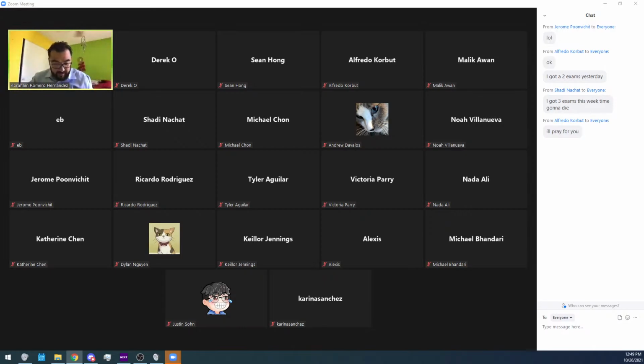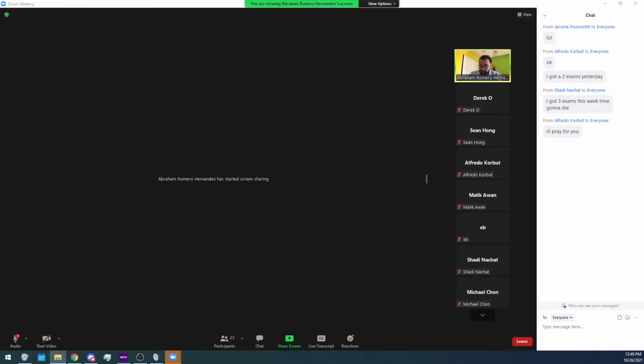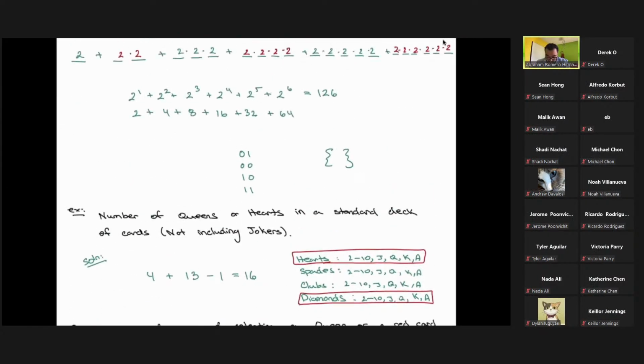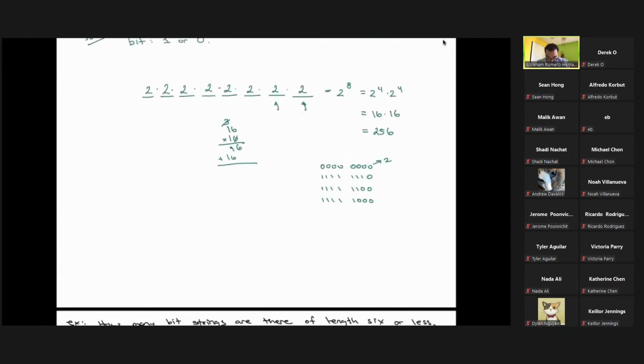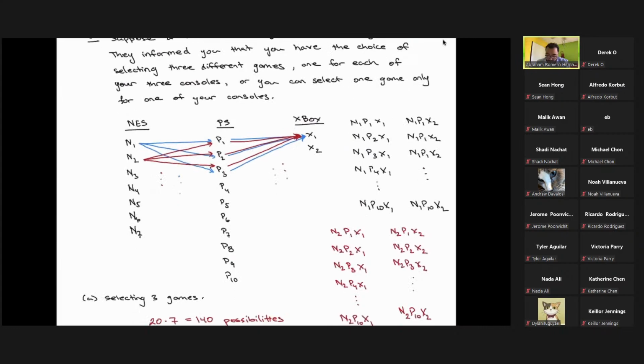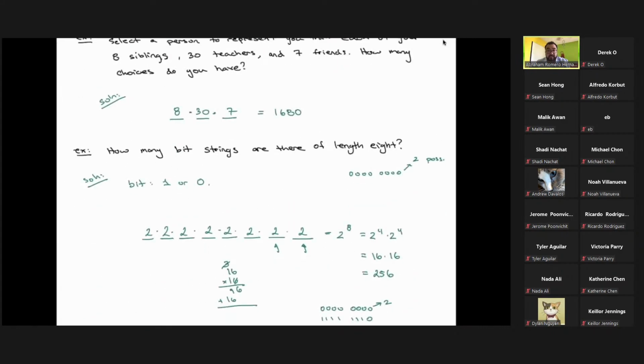Okay. So the last thing we did, but let me share my screen. Was this, and I believe this is the last thing we did, which was section 6.1. I can't remember the section number right now. Yes, 6.1, where we did the basic idea of counting.